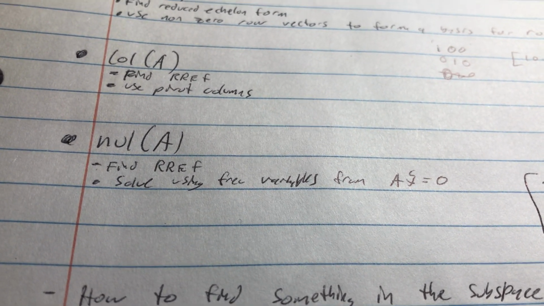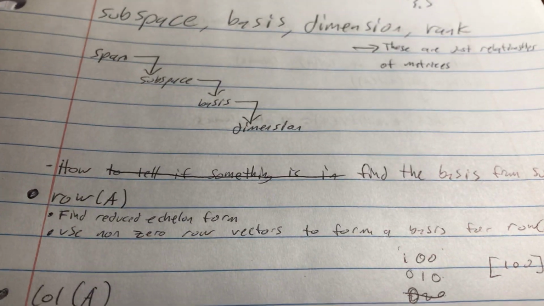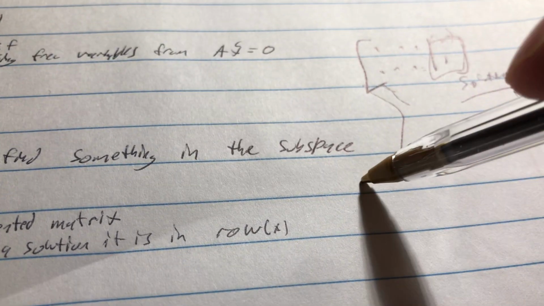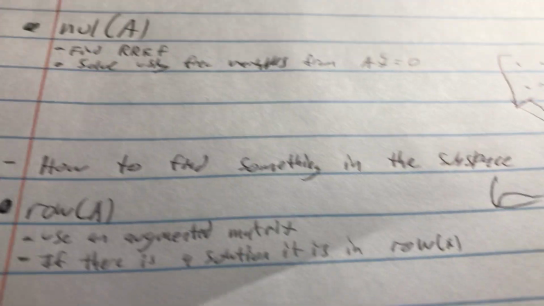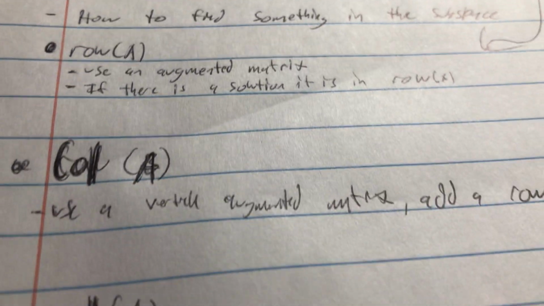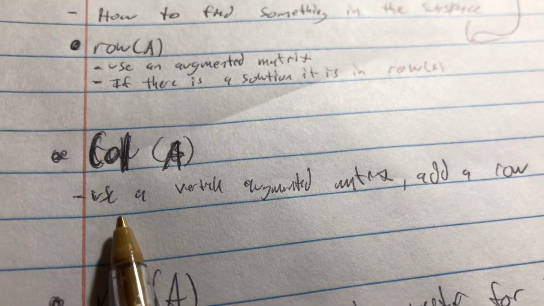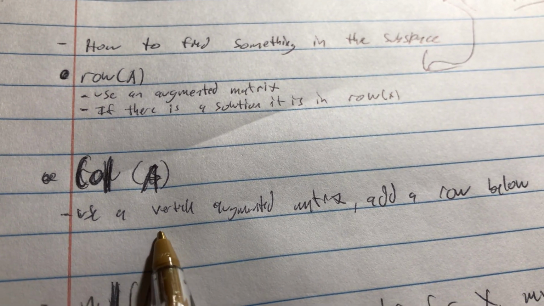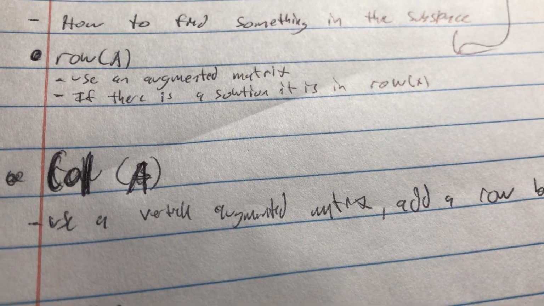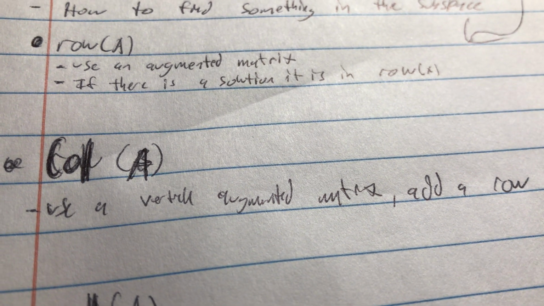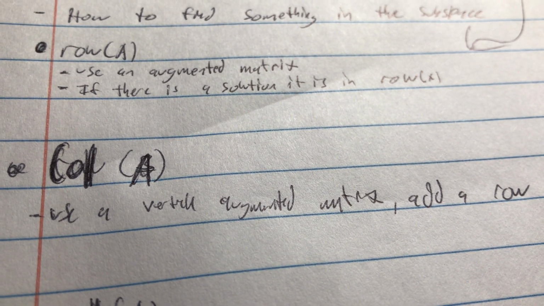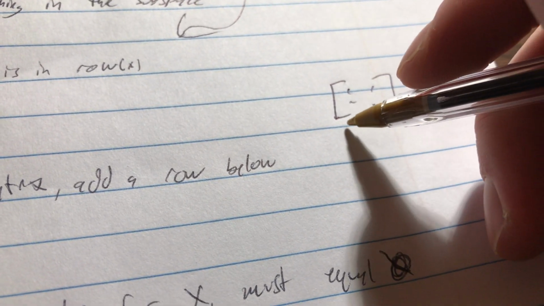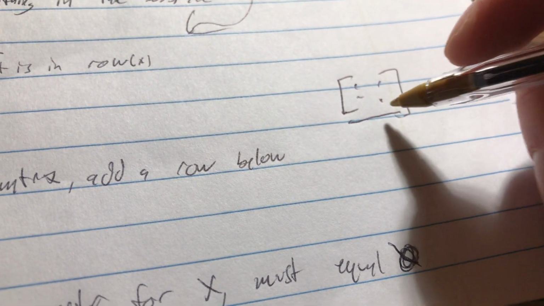I wrote that down up there by null, but that applies to down here. For the column space, you use a vertical augmented matrix, so it looks kind of like this. I'm going to put kind of an augmented thing here.